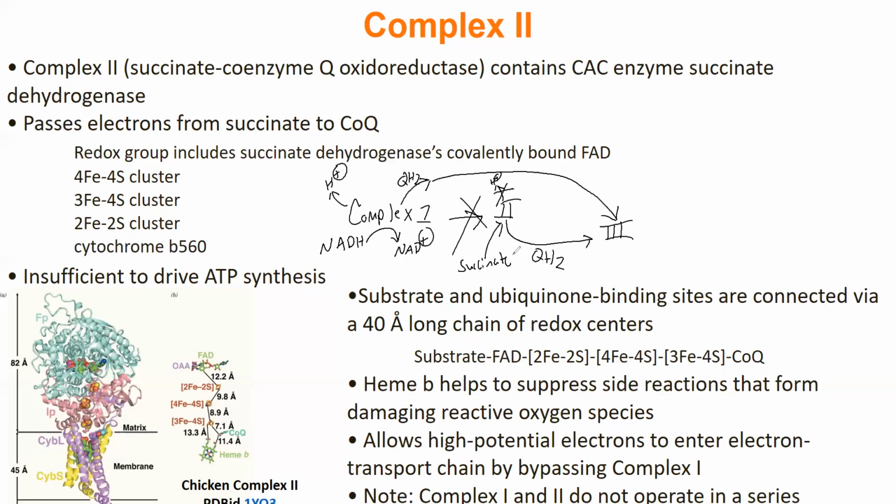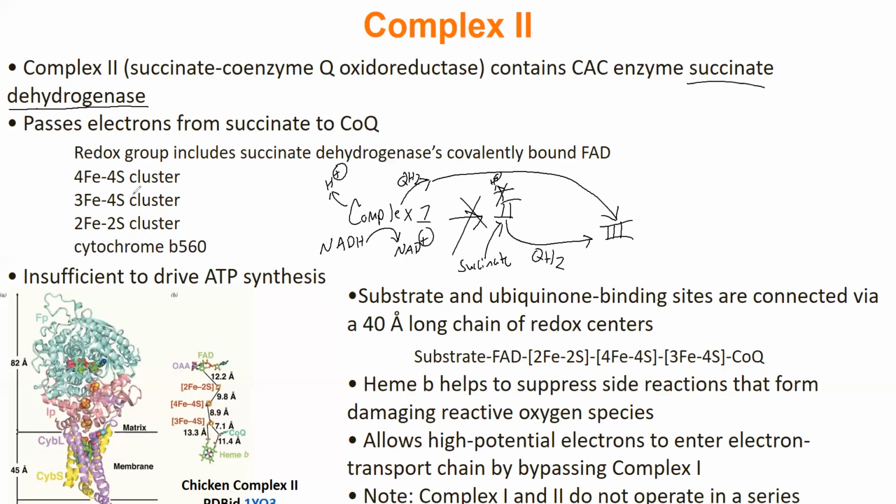So how does it read in succinate? That's because complex 2 contains succinate dehydrogenase, our friend from the citric acid cycle. So the citric acid cycle reaction happens in complex 2.